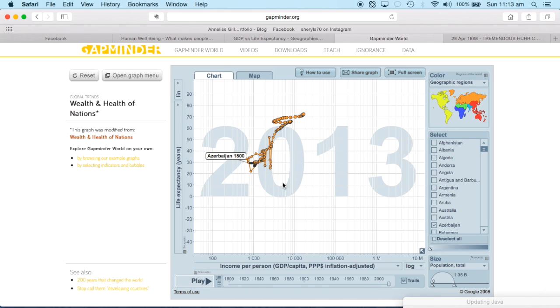And it's graphs like that I just find absolutely fascinating to think about what is causing such an erratic growth in their income and the changes in their life expectancy.